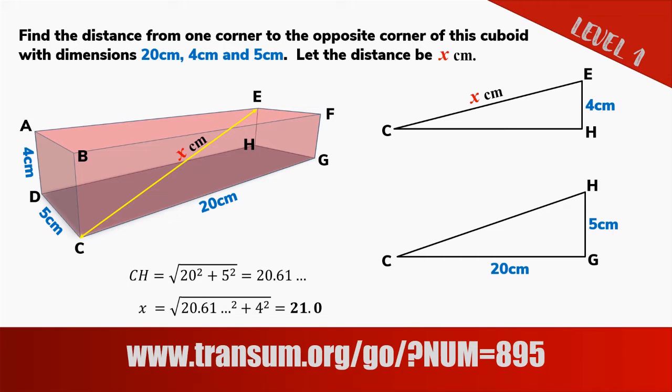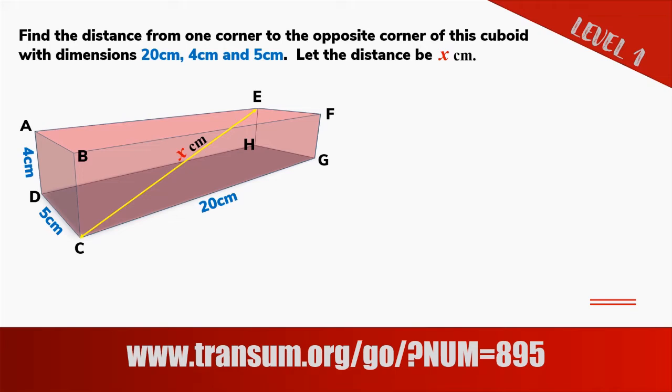And because I've done a lot of questions like this involving cubes and cuboids, I've noticed that actually we could have answered this question using a three-dimensional version of Pythagoras' theorem. You see that X, which is the length we're trying to find, the diagonal, is actually the square root of those 3 dimensions each squared.